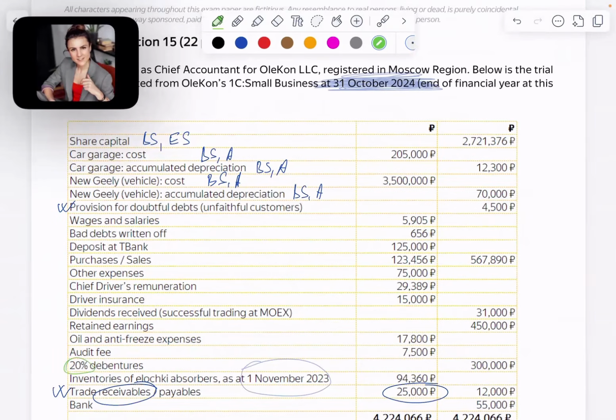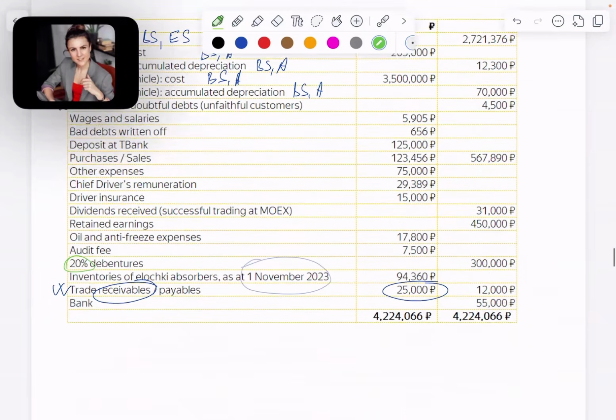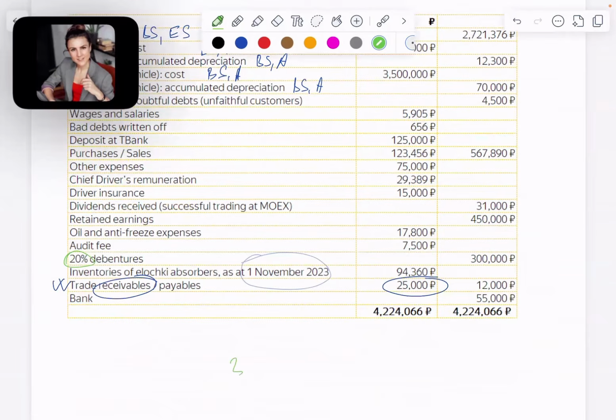It is stated that it's 20% debentures, but no, it's quite correct. It's only the specification of debentures, and the answers differ. It's not 10%, it's 20%. So 20% debentures means that we have taken a loan of 300,000 rubles, and we have to pay 20% per annum. That would lead to 60,000 of interest expense.